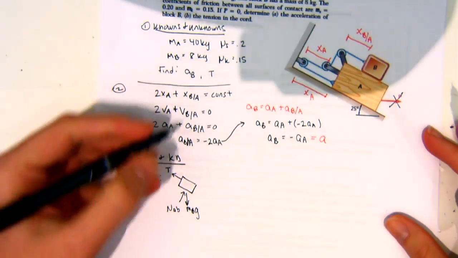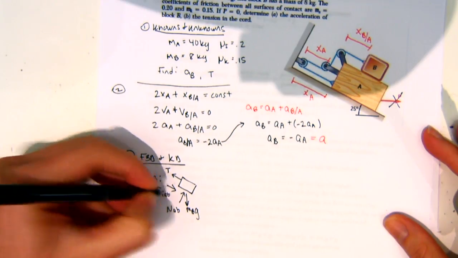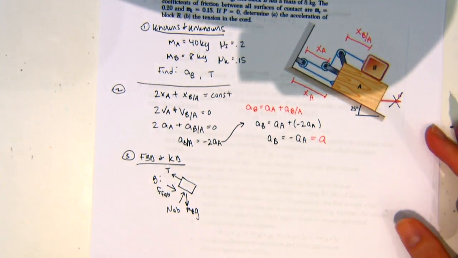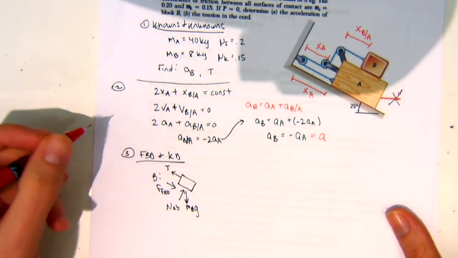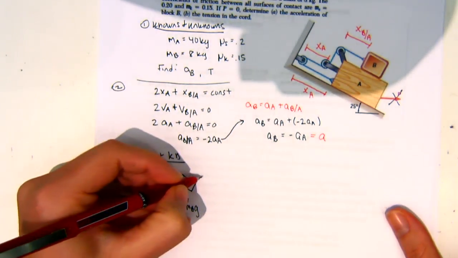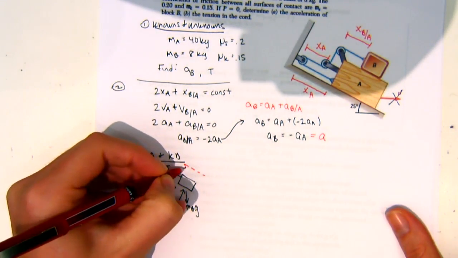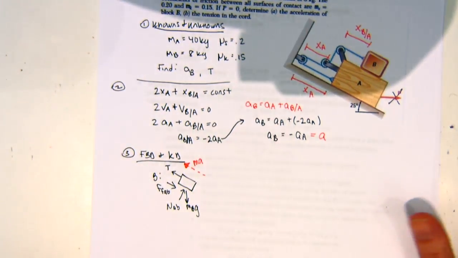So I can call this the force of friction between AB. Good? And so I'm drawing my free body diagram and kinetic diagram at the same time. I'm going to assume that this is moving up the slope. So there's my MA. Good?